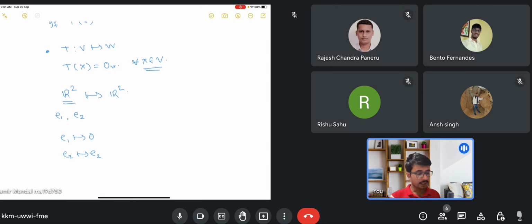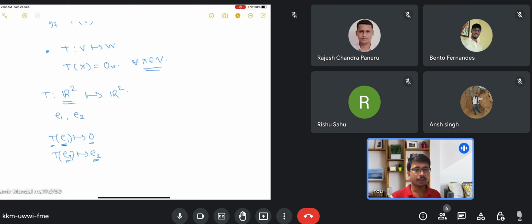But here e1, e2 is independent. Since this is defined on a basis, this is a linear transformation. T of e1 equals 0 and T of e2 equals e2. So this is defined on a basis, and we can extend it to the whole R2.